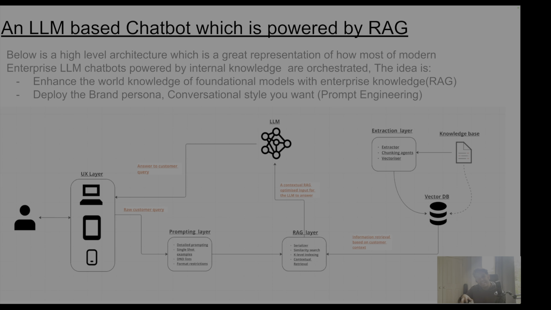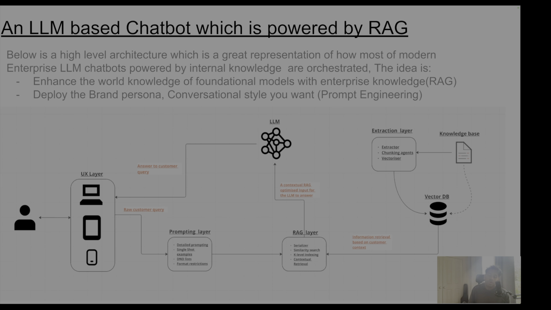Then we need something in the back end which gives the large language model the power of the knowledge of the organization, because large language models are knowledgeable, but they don't have specific knowledge about domains, about customers, about different organization-specific documents. So for that, we need the RAG layer. And at the backend, we need a way of converting the organizational information into vectorized knowledge, which we can use to feed relevant conversations to the large language model.